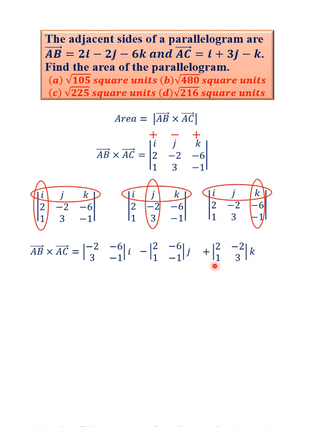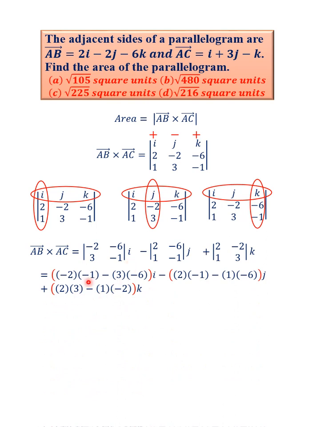Now that we have this, we look for the determinant of each 2 by 2 matrix and multiply them with i, j and k. You always start from this diagonal and take the difference of this diagonal and the other diagonal. So first is this diagonal, the product minus 2 times minus 1, minus being the difference, then the product of the other diagonal, 3 times minus 6, and then your i vector.